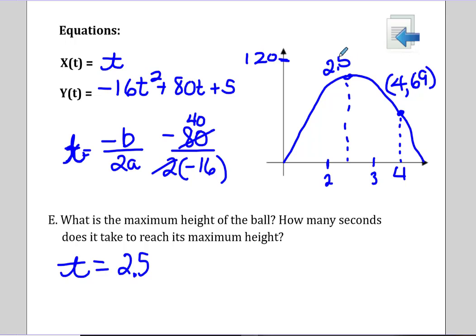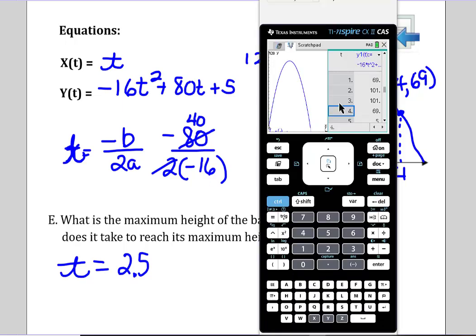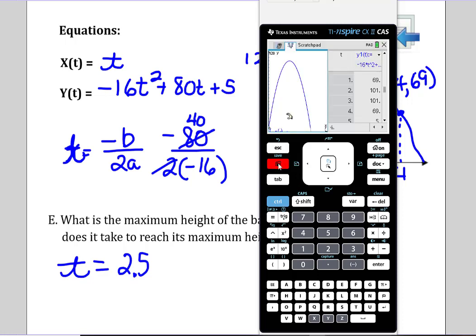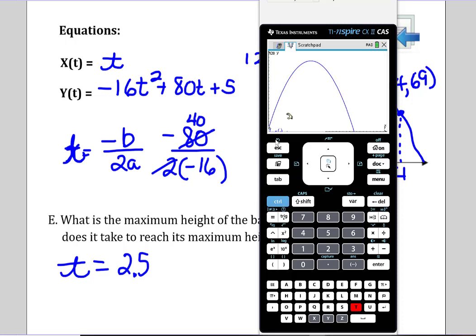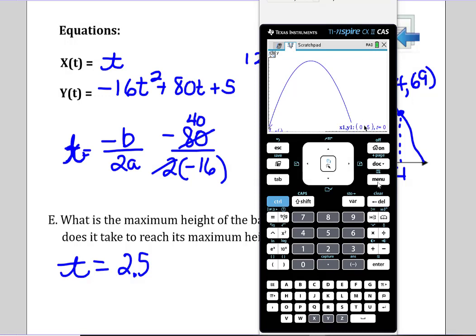So 2.5, and again, I'm going to let the calculator do the work for me. Whoops, lost my picture now. Undo the table, and I could either let it trace for us and go over to 2.5.